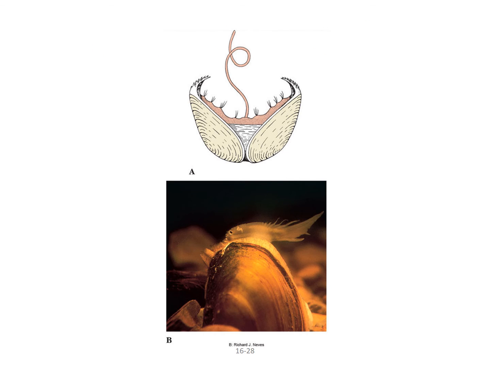So on the top is a little diagram of the structure of a glochidia. There's a tiny little valve on either side and a little tooth on the inside. And so this is a female bivalve, and part of the mantle is developed into what looks like a little fish-like lure.